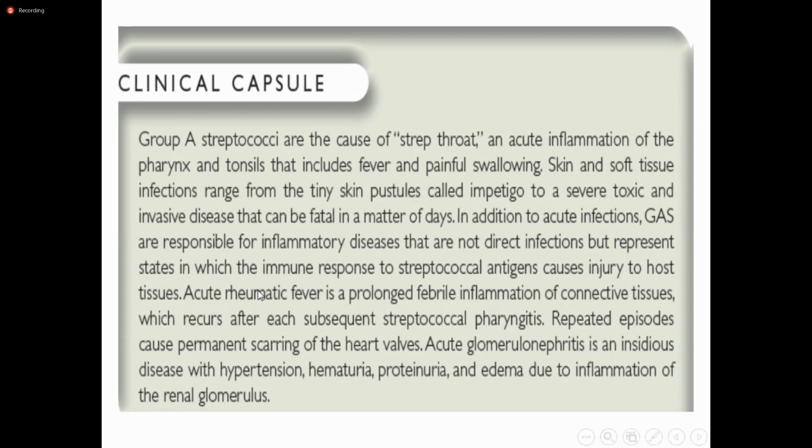For example, يعني الجسم من يكون أجسام مضادة للستريبتوكوكس بايوجينز. طبعا بالمناسبة group A beta hemolytic streptococci are called Streptococcus pyogenes. تعلموها هذه وخلوها في بالكم. This Streptococcus pyogenes can cause acute rheumatic fever.